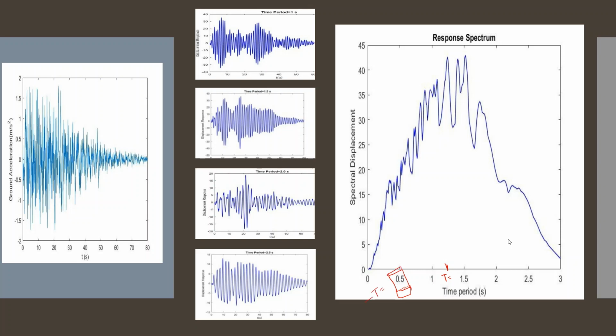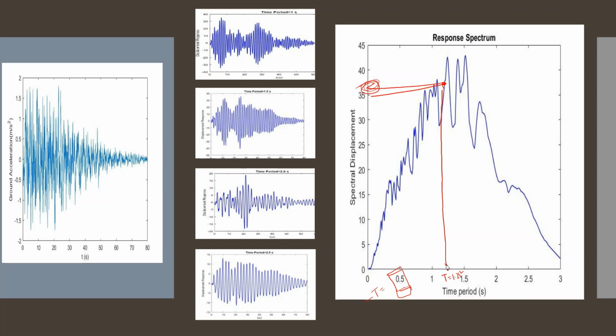If the time period is somewhere around 1.25 seconds, suppose, so it is lying here. We do not have the time history data or any earthquake data for that place. So we will go to this value, see the peak value, and for that we will see how much the maximum displacement is. So this would give the maximum displacement, and corresponding to this displacement we will design that building.